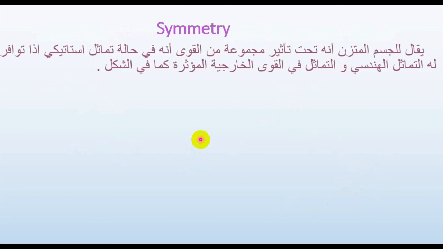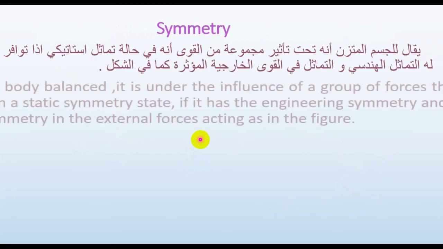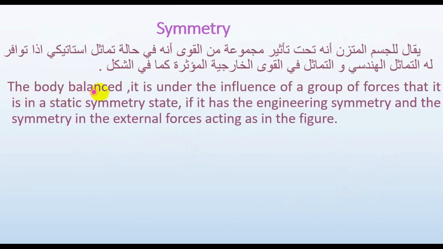Now if we have symmetry, meaning we have two sides exactly as a mirror. The body is balanced under the influence of a group of forces in a static symmetry state.